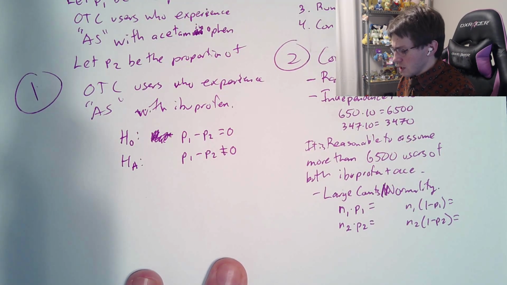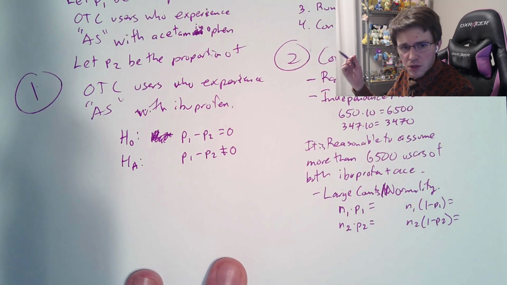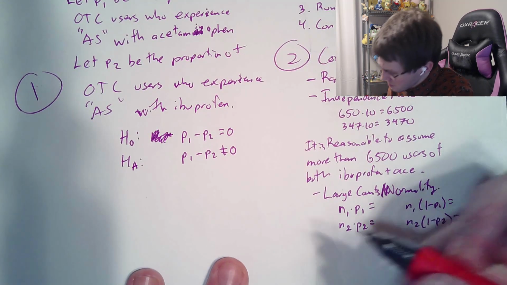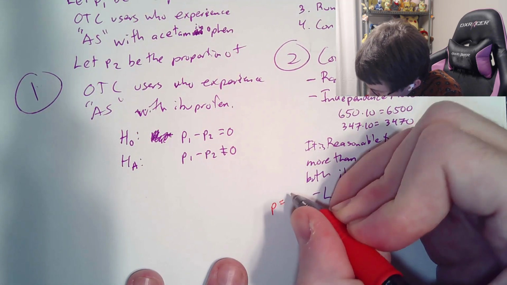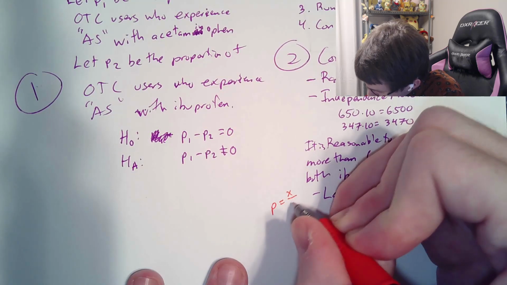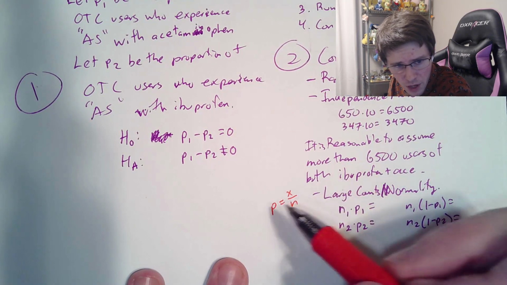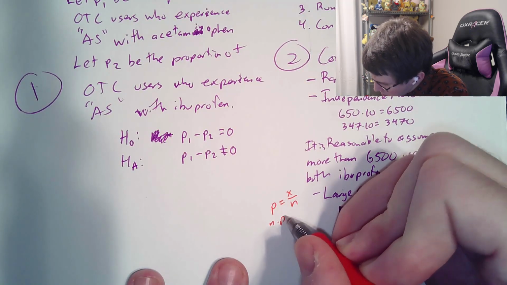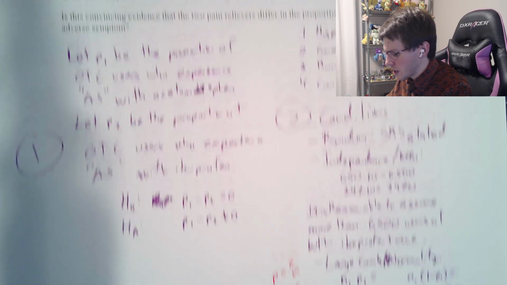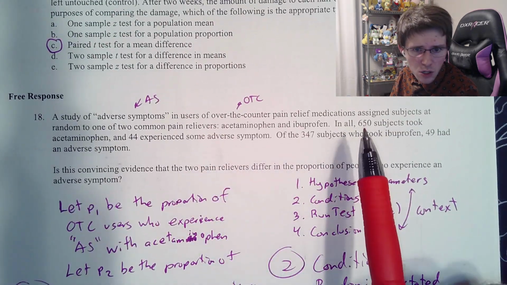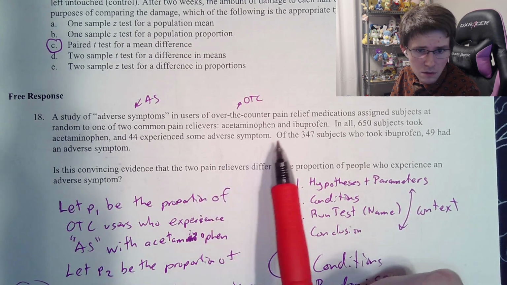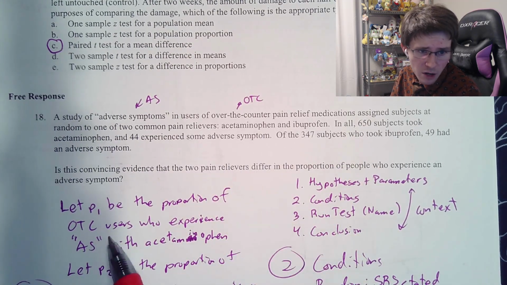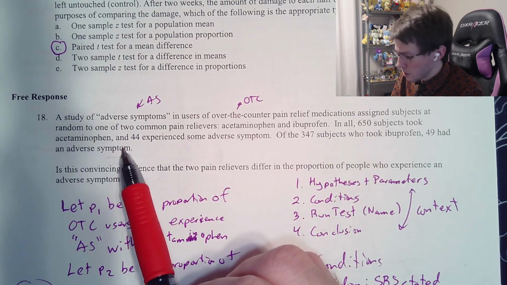And remember, n1 times p1 is simply equal to quote unquote x1 from the original. Just in case anyone has been confused in class when I've been doing that, our proportion is always equal to our successes over our total. So n times p is equal to x. Up here in the question, they already told us that of the 650, which is our acetaminophen, or P1, 44 experience an adverse symptom.